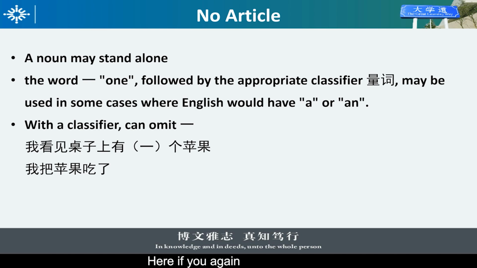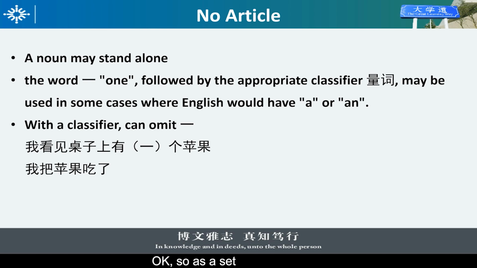If you again mention or refer to that apple in English, you need to use the apple, right? But there is no the here in Chinese. 我把苹果吃了 okay. According to context, Chinese listener understand this sentence. Here, in the second sentence, you mention 我把苹果吃了. That means you refer to that apple that you mentioned earlier.